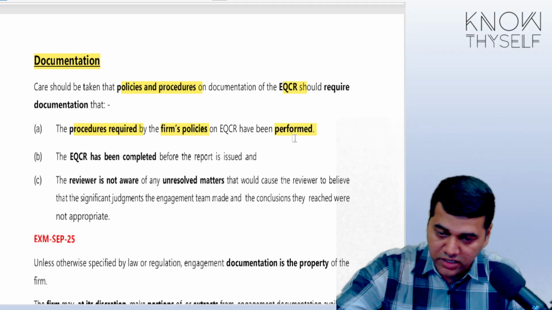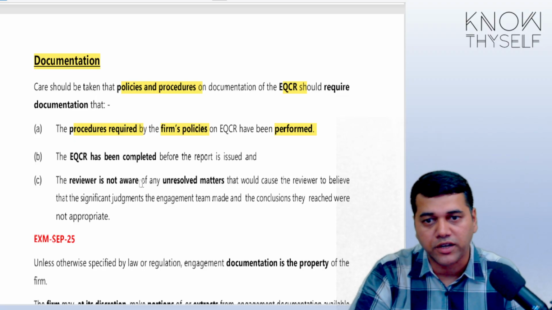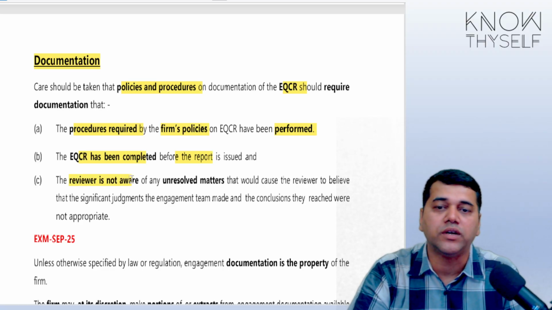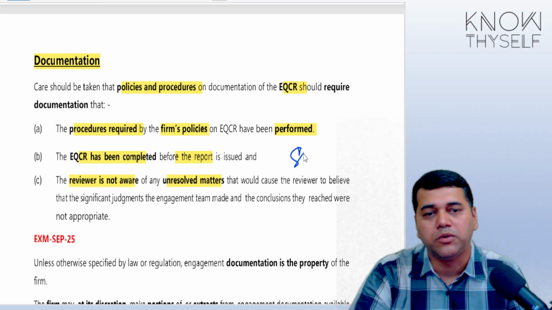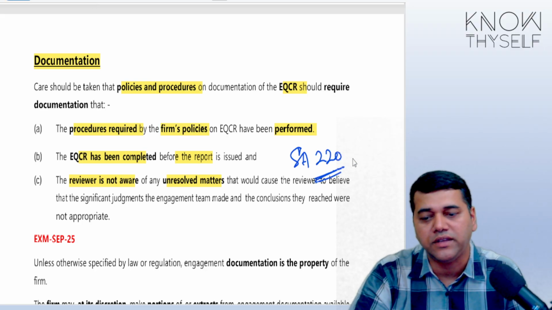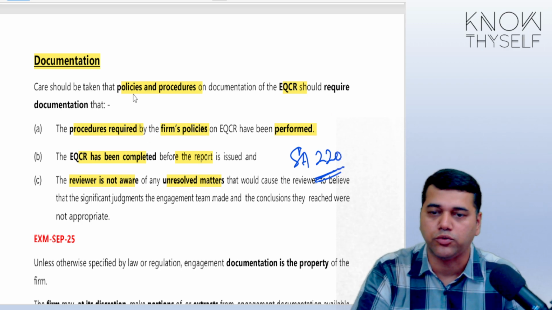That means there should be another documentation only for EQCR, that you have performed that EQCR, it has been completed before the audit report is issued, and the reviewer is not aware of any unresolved matter. We will discuss it later, students, because SA 220 also has a very similar component. We will discuss this EQR documentation in SA 220.